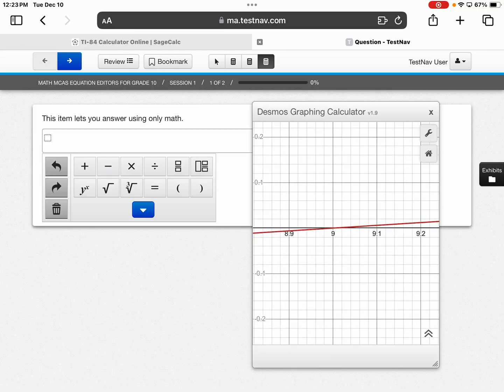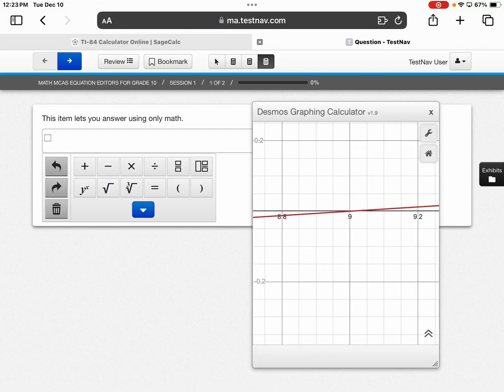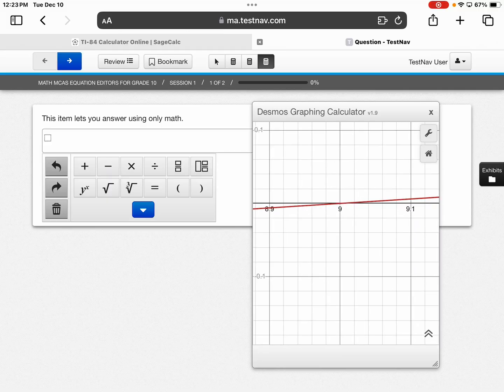As I look at it, if this is the derivative graph, I'm negative to the left of 9 for the y values. As soon as I cross 9, all my y values are positive, and so when I go from negative to positive on the derivative graph, that indicates there's a minimum at that location.